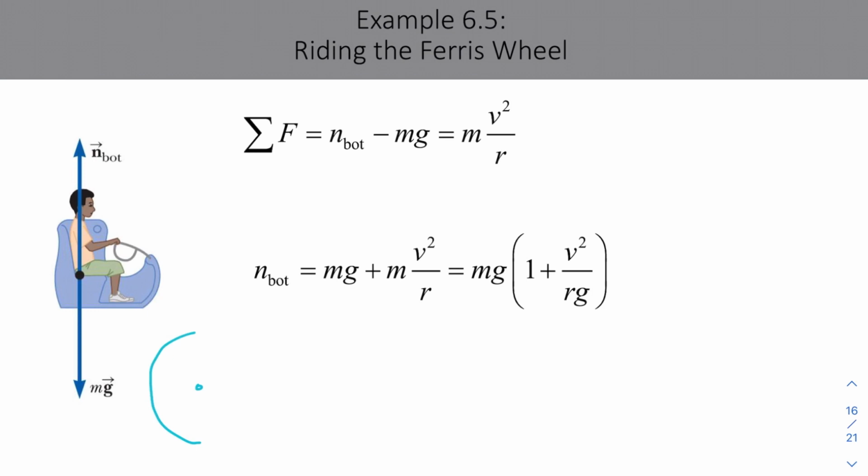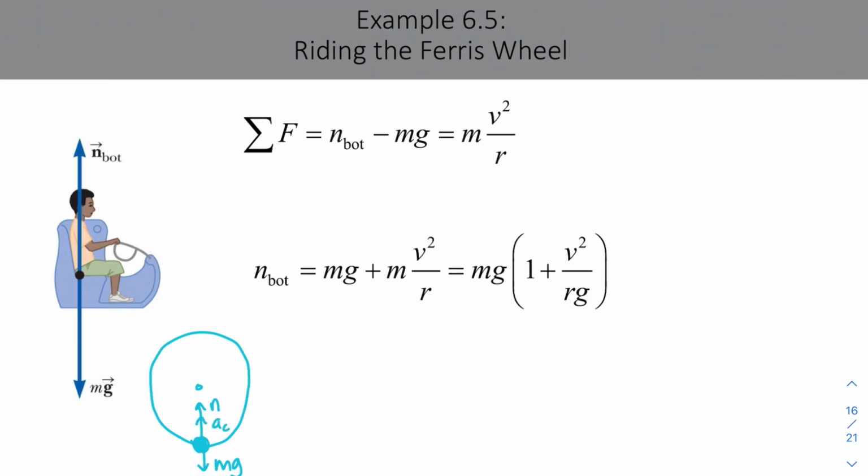Because this is the circle. Here is the child. So normal is here, weight is here. If you see here, this is also the direction of the a_c.